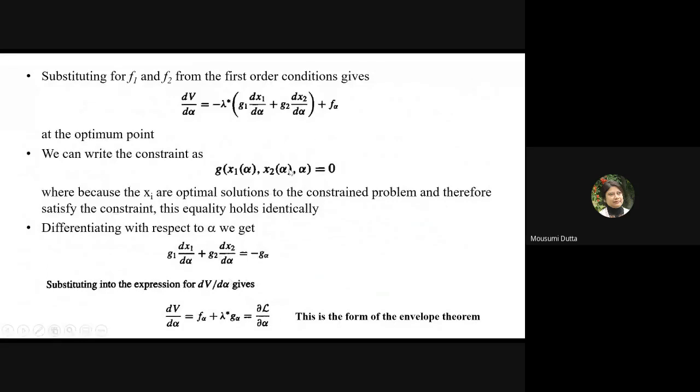So these steps are there. Finally, dv by d alpha is equal to del L by del alpha. This is the form of the envelope theorem.